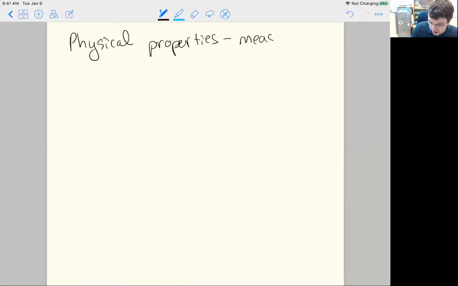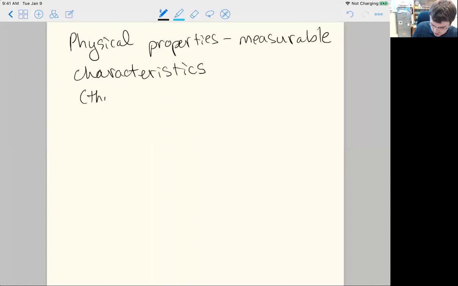For a particular object, or really anything, these are measurable characteristics. It's a fairly broad definition when you think about it: things that you can measure. So let's put that in here too. Things we can measure.